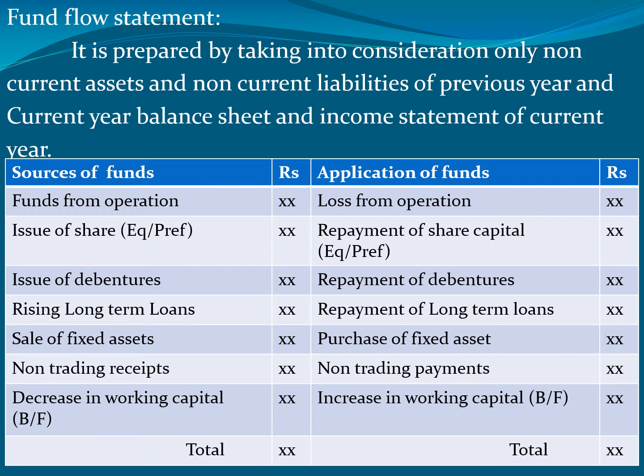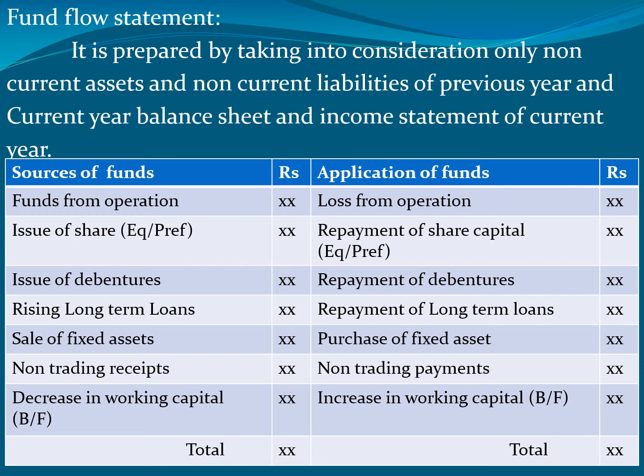These are not the incomes generated out of operating activities. Similarly, non-trading payments like provision for tax and proposed dividend, that's a non-current liability, and their payment will be an application of fund. But if only a provision has been made for tax and dividend, it will not be an application of fund.